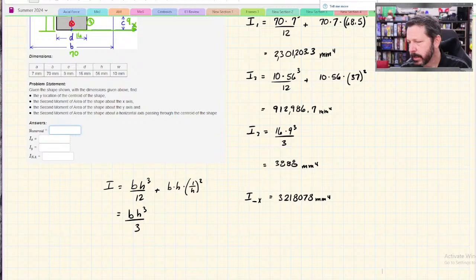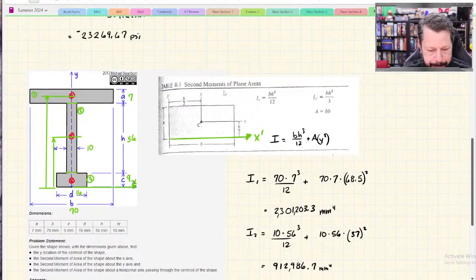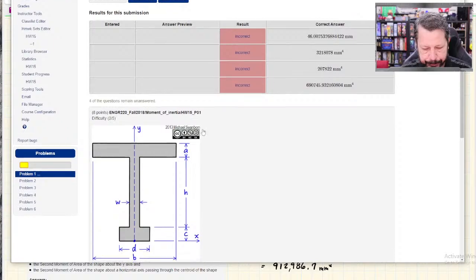All right, so let's do the same thing, but let's do the third part, the second moment of area of the shape about the y-axis. Okay, so why don't we recopy our diagram since it's all cluttery?